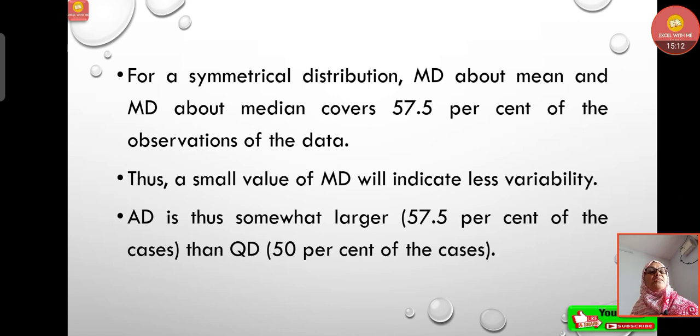For a symmetrical distribution, mean deviation about mean and mean deviation about median covers 57.5% of the observations of the data. Thus, a small value of MD will indicate less variability. AD is thus somewhat larger, that is 57.5% of the cases, than QD, that is 50% of the cases.